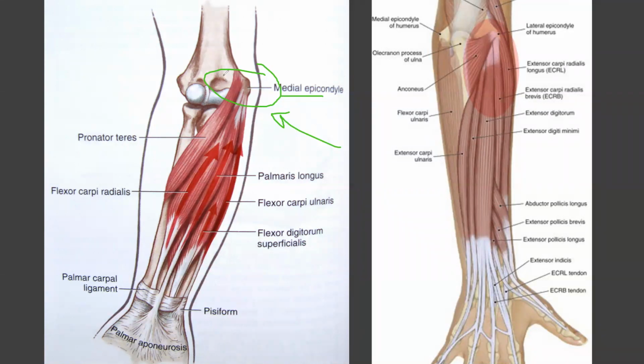This is going to tell you why the UCL potentially has so much strain on it. It's because the origin point of all of your wrist flexors is going to be at or around the UCL. So if you ever see a baseball pitcher that complains of forearm pain, and then all of a sudden they need Tommy John surgery, it's because of this.